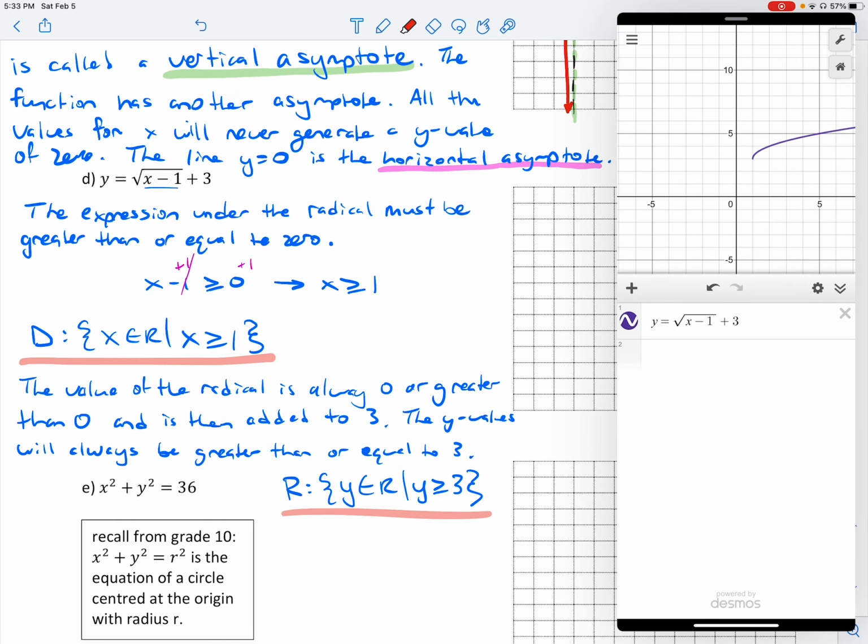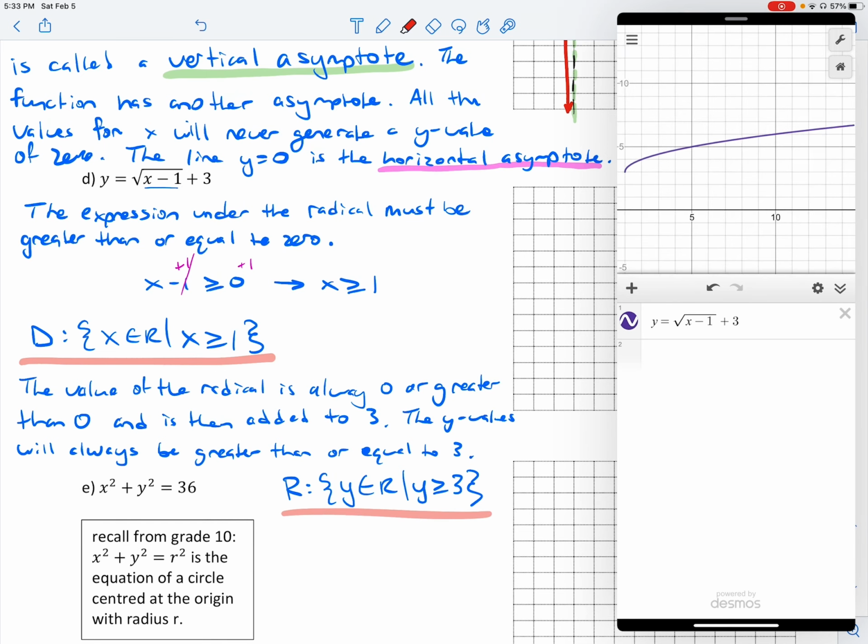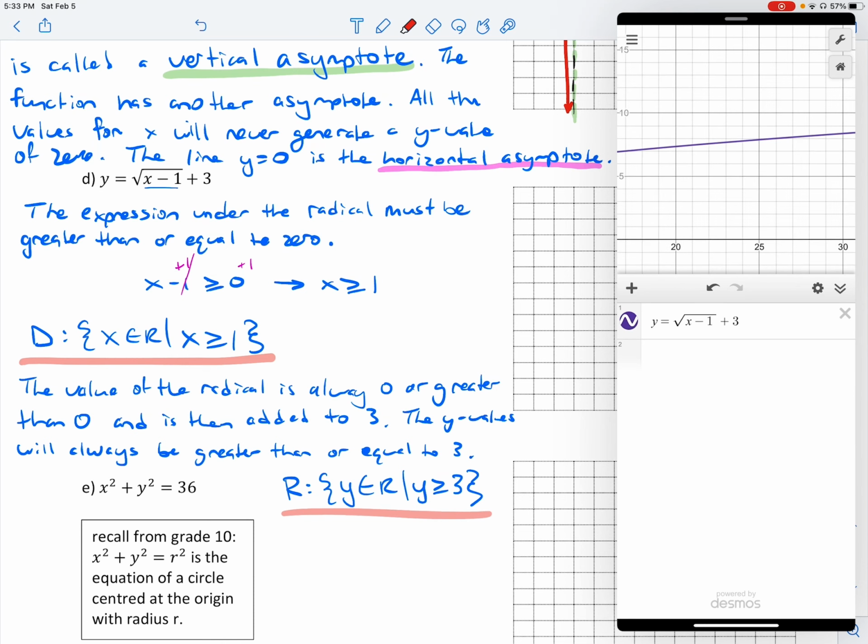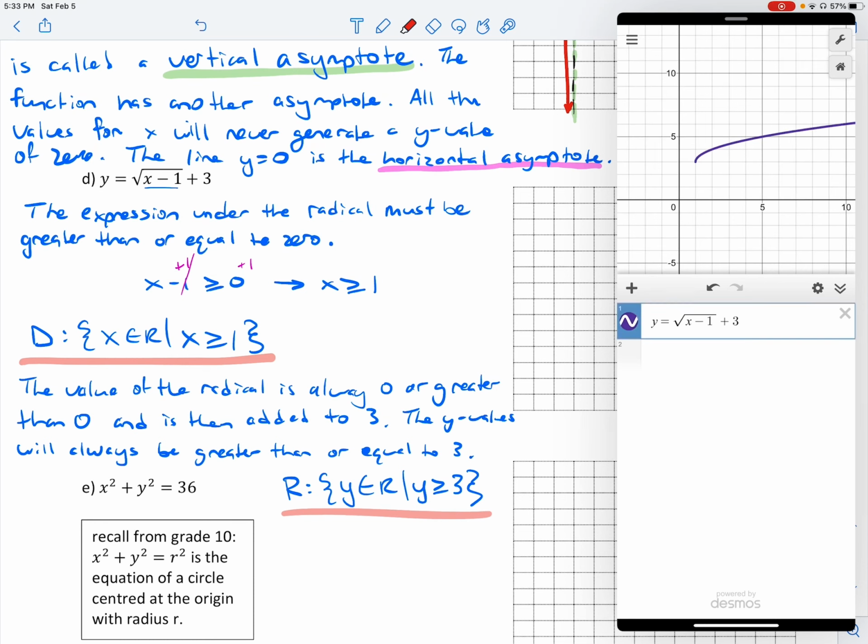I can see here, it kind of looks like a half branch of a parabola, keeps going up and up and up. And it looks like there's a vertex here, and we can see that's at 1, 3. Notice x is not smaller than 1. x is always greater than or equal to 1, like we had said for the domain. And my smallest y value is 3, and everything is higher than 3.